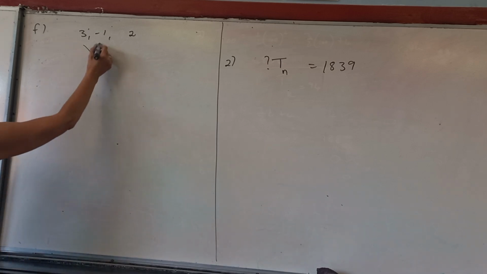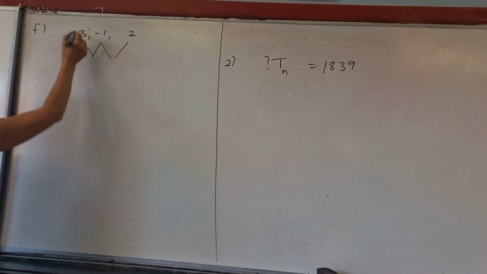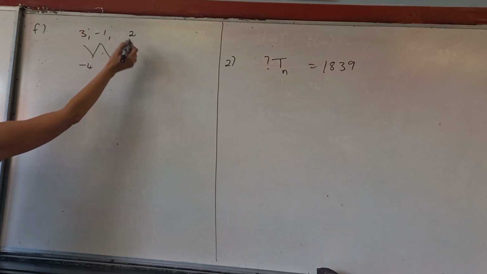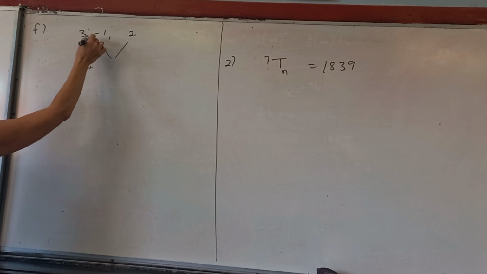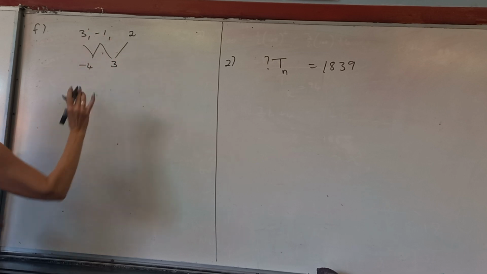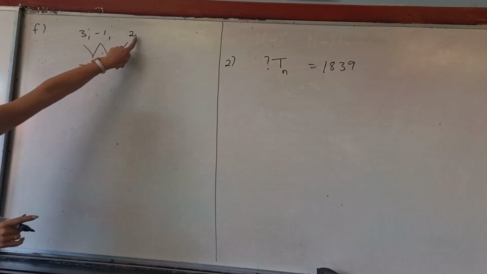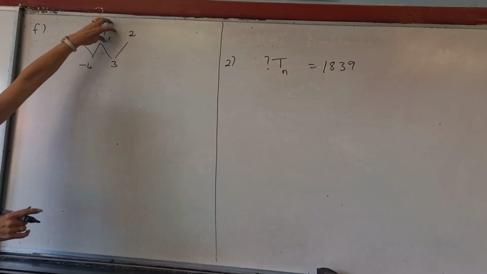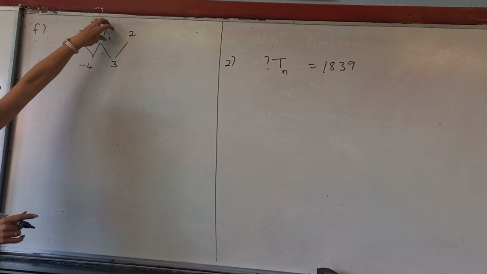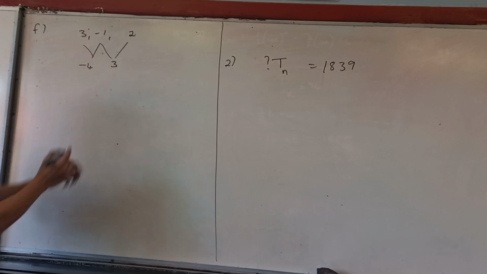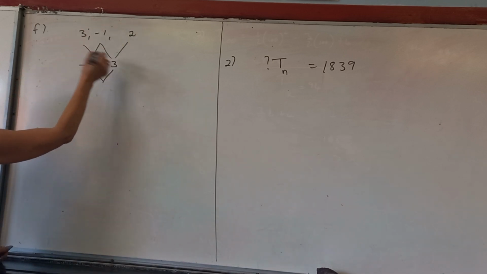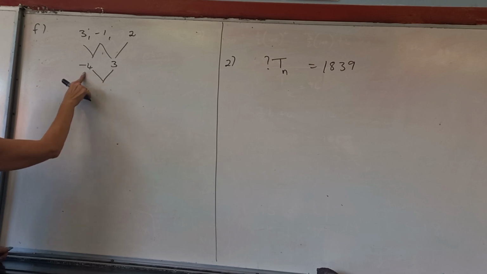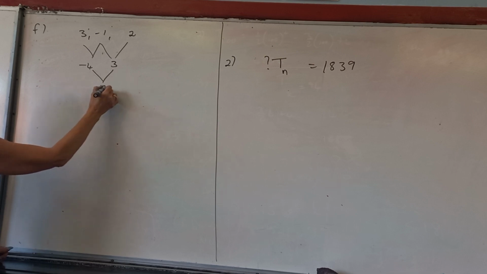So if I look at the first difference, it'll be -1 minus 3 is -4, right? 2 minus -1 will be 2 plus 1, which is 3. No problem with that. Careful, it's not 2 minus 1, which is 1. It's the third one minus the second one. So minus and minus becomes a plus, and 2 plus 1 is 3. Then, the second minus the first one will be 3 minus -4, which becomes a plus, answer 7.